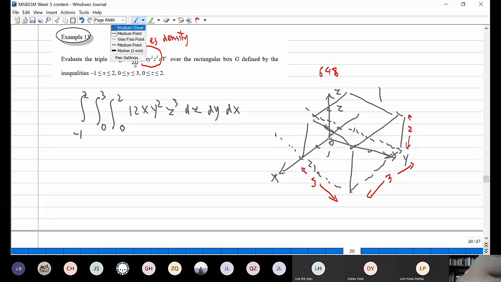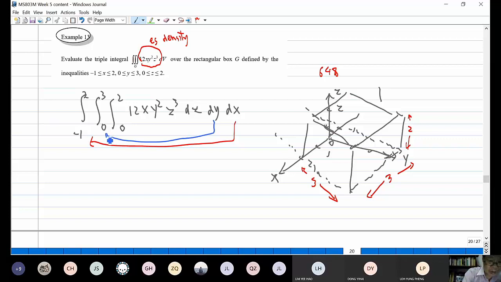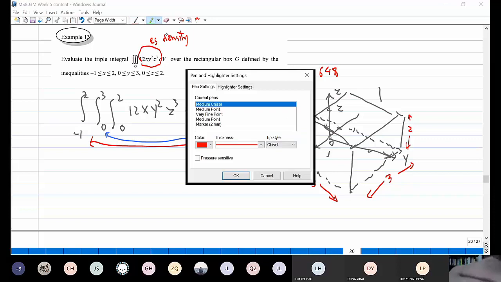So you must make sure that these are all corresponding, right? X first, and then this is y, okay, then this is z. Then z is another one. So change the color. Sorry.